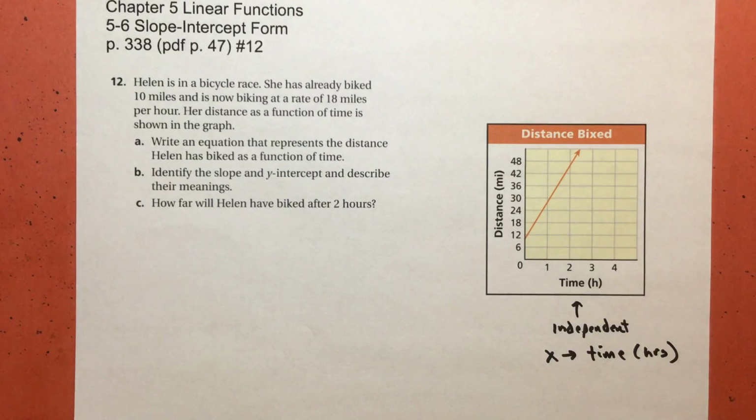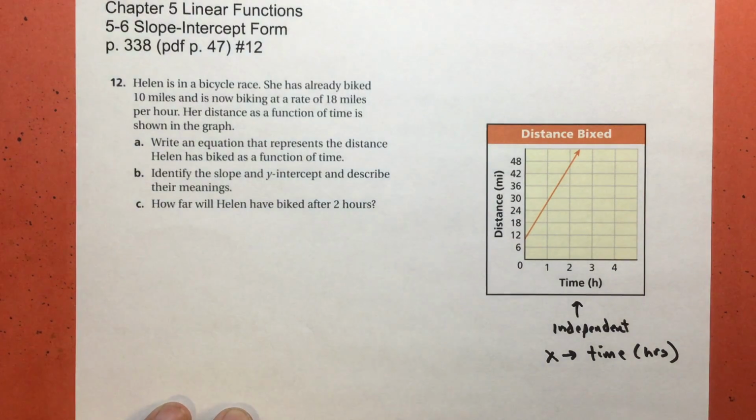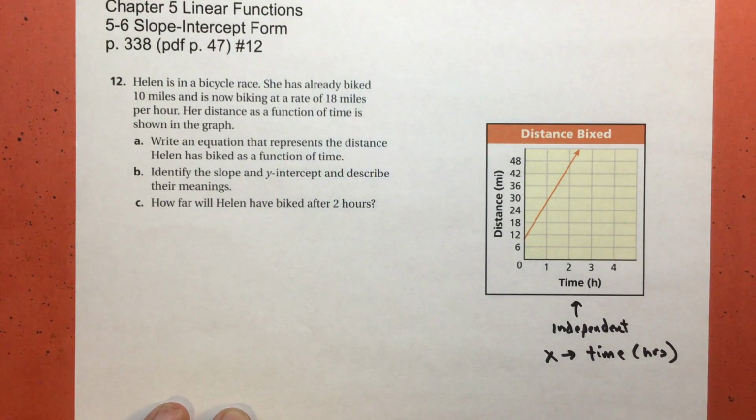Now, I could also use t for time, but as I mentioned in the previous videos, if I was going to switch over to technology, like Desmos or a graphing calculator, it's not going to know what I mean by t. So that's why we need to be able to use it as an x. But if we're not using that, t is perfectly legitimate. There's nothing wrong with that.